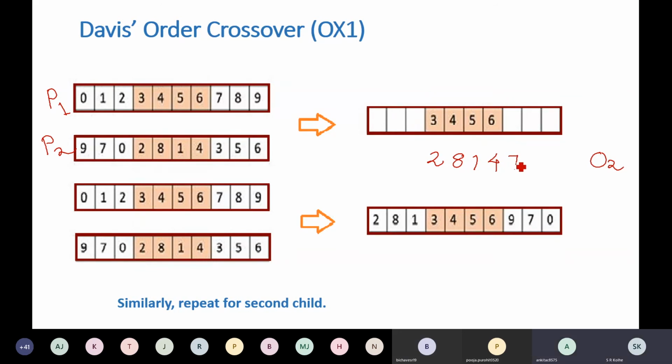Here, ordering is important. 7, 8, this 8 is used, so don't copy. 9, not used, copy.